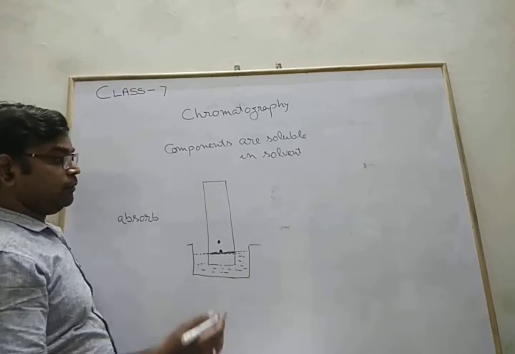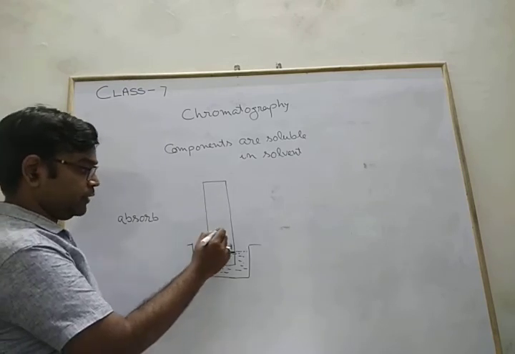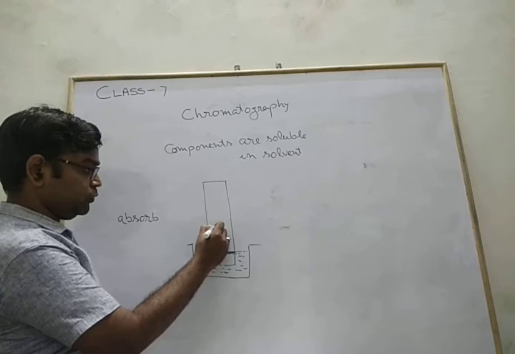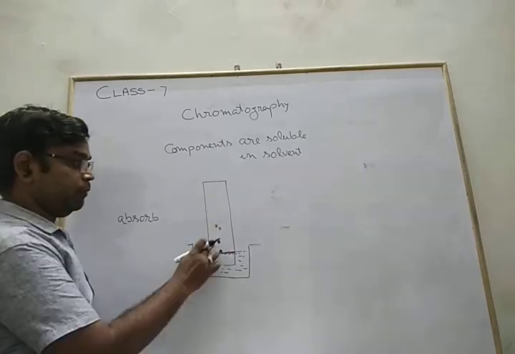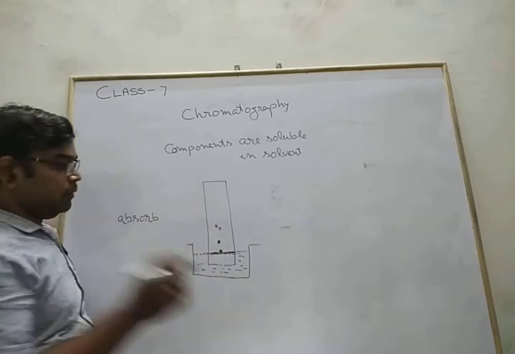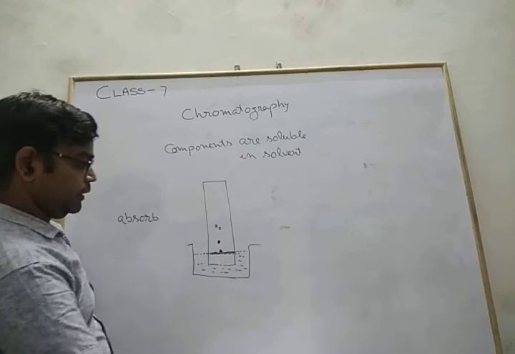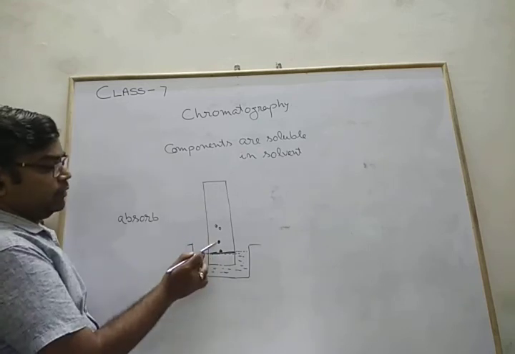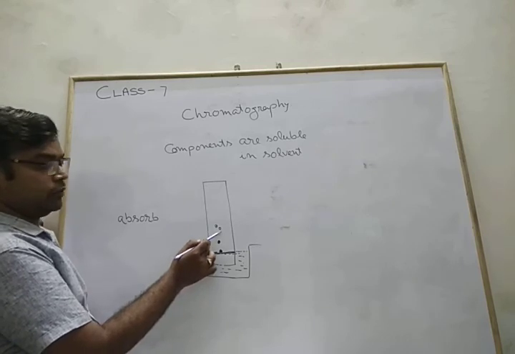After some time, we observe that the mark fades and converts into two different colored marks. From black, it becomes two different color marks. This means the ink drop starts to break into its components.